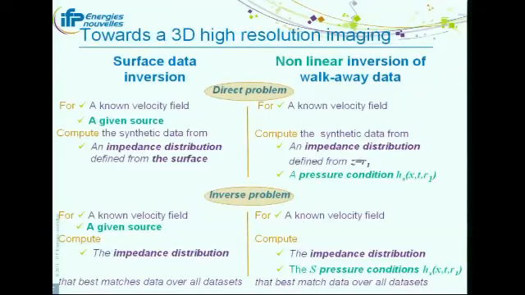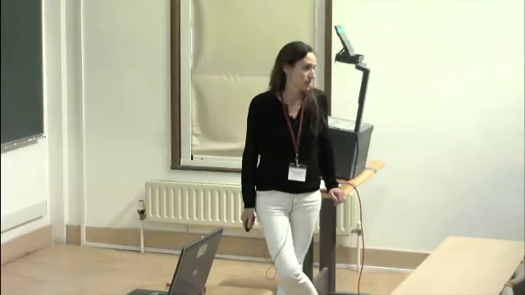So we will image an impedance distribution below the first receiver, and simultaneously with this impedance distribution, we'll reconstruct the pressure conditions at the shallowest receiver. And this is really a good point, because this will allow us to get rid of an a priori estimation of the seismic excitation.